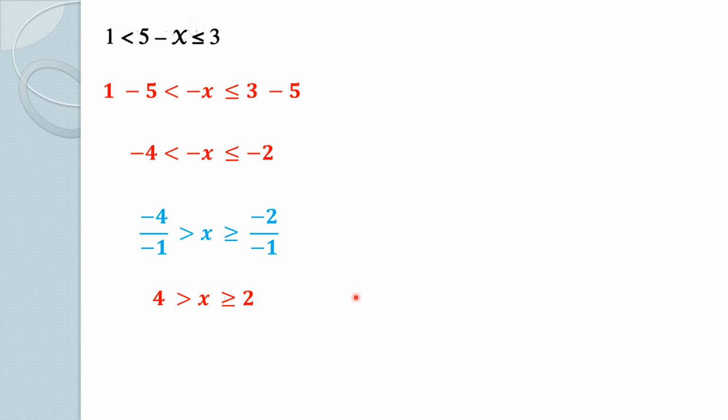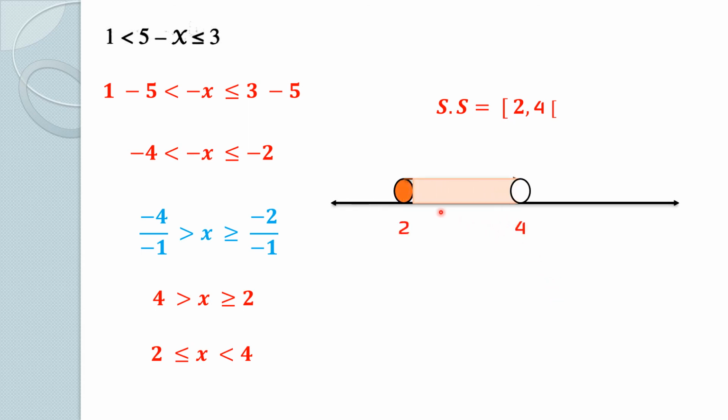Let's adjust our inequality by writing 2 first: 2 less than or equal x less than 4, so the solution set will be 2 closed and 4 open. And this is the number line, 2 closed and 4 open.